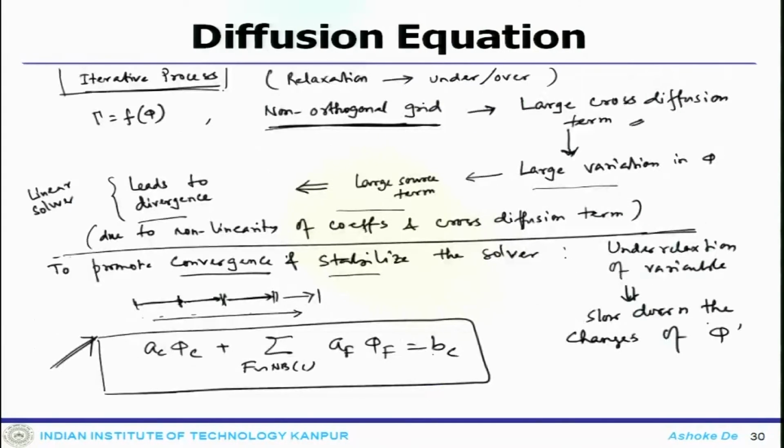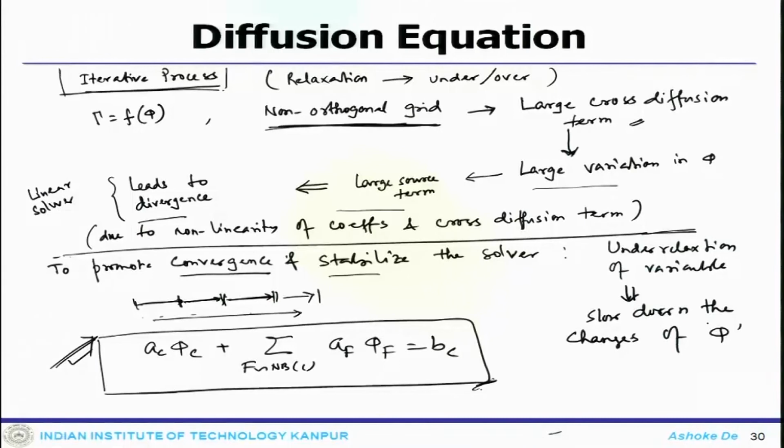When you have the discretized diffusion equation like this, what kind of iterative process one can use and what the certain issues are, a more detailed discussion will follow when we talk specifically about linear solvers.